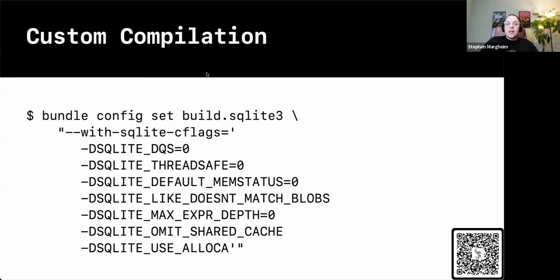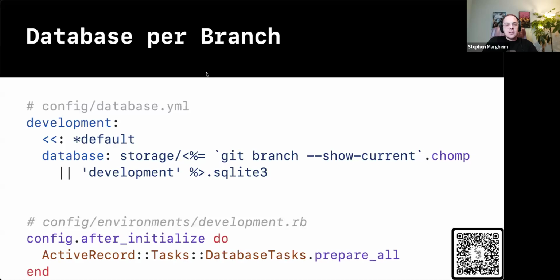One of the other things I really love about using SQLite in a Rails application is that it also unlocks some unique developer experience opportunities. The very first one that I came across that I still just love to this day is having an isolated database per Git branch.